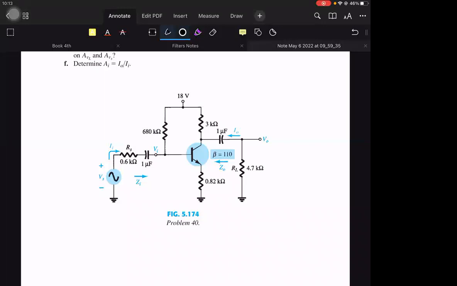IB is equal to, referring to the table for DC analysis, VCC minus VBE all over RB plus beta plus 1 times RE.